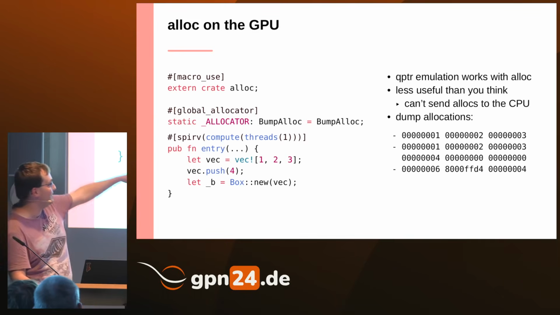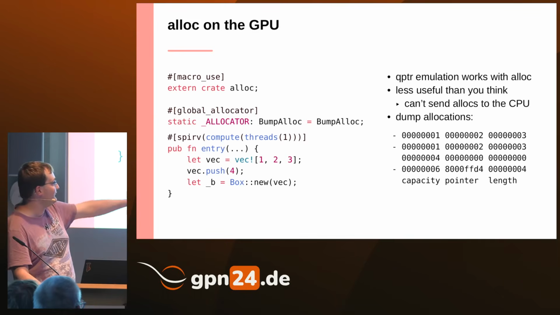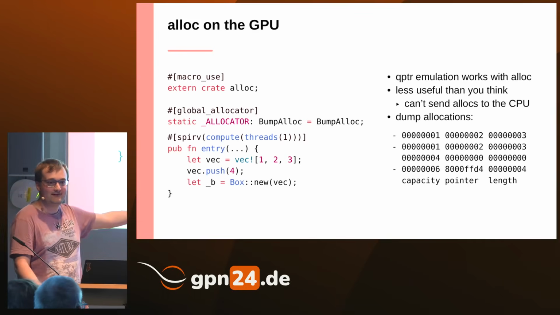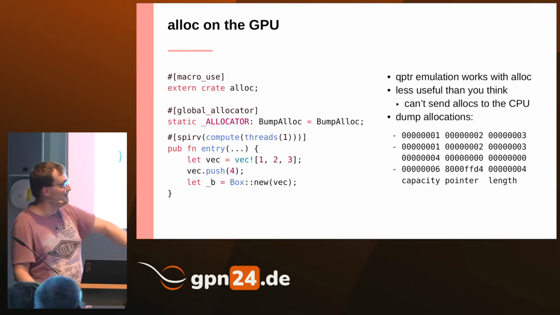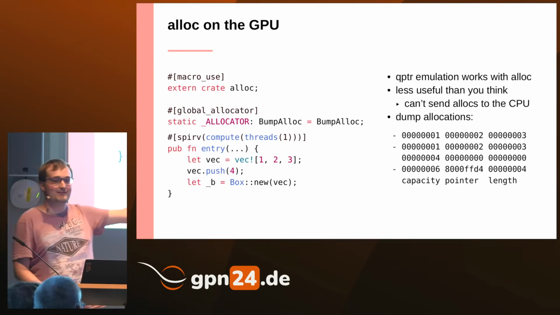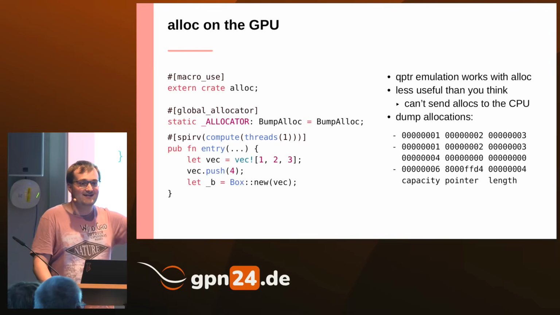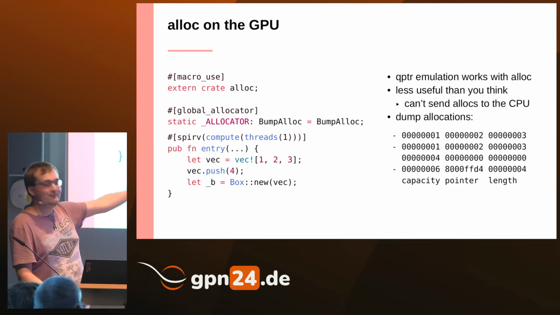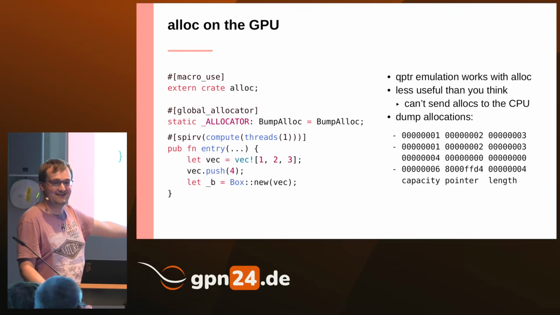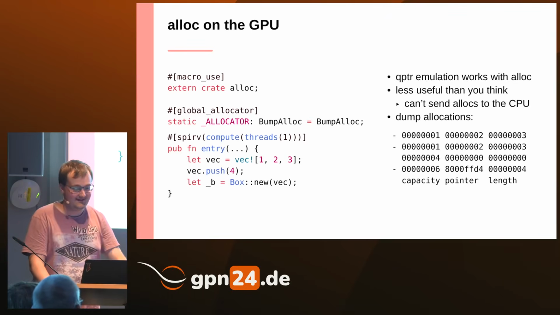If you look at the values right there, you can pretty much assume most of them. 6 is probably the capacity, 4 is the length, but what is the thing in the middle? It has to be the pointer. But how do you represent a pointer in memory now, since we have this tagging scheme?